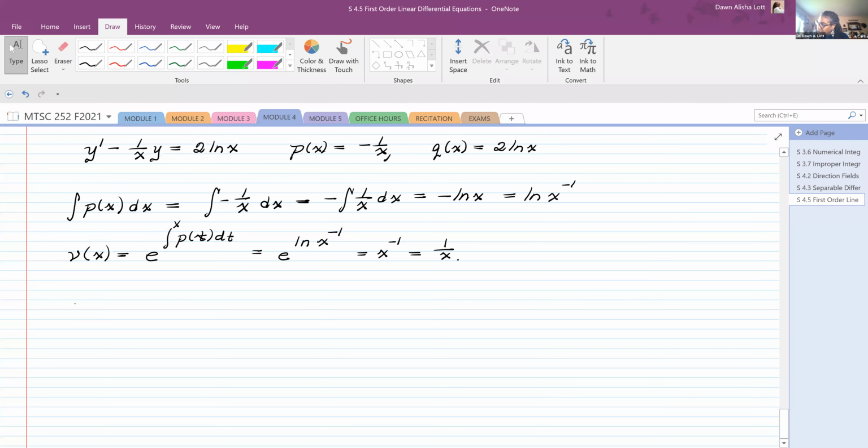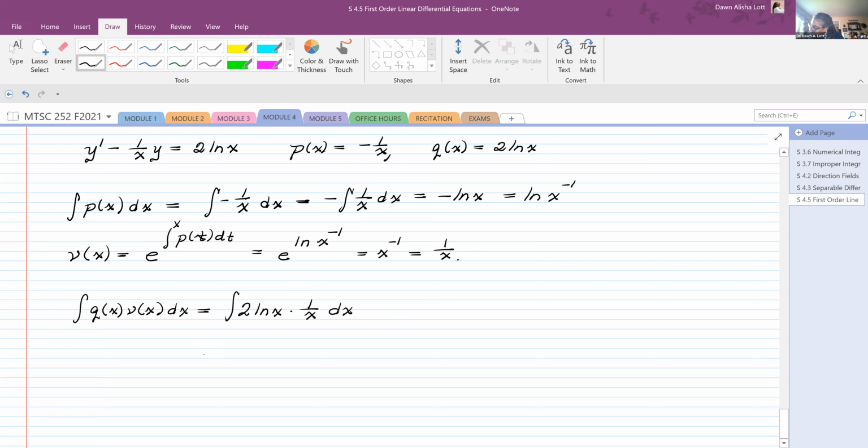Now we have to find the integral of q of x times nu of x dx. So that's the integral. Q of x was 2 times the natural log of x. And then nu of x says, oh, let's divide by x. So that's 1 over x dx.